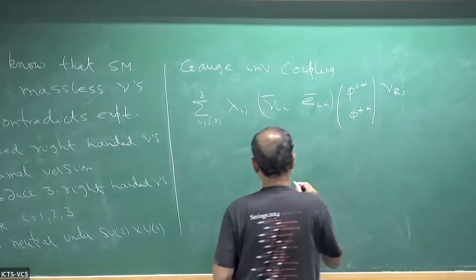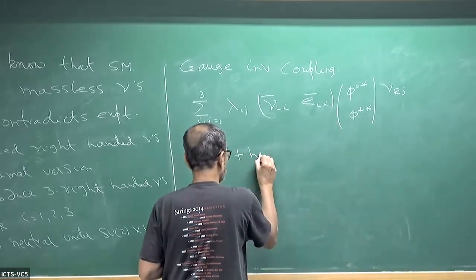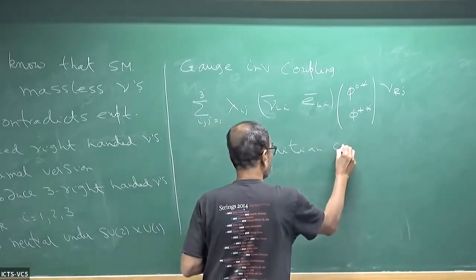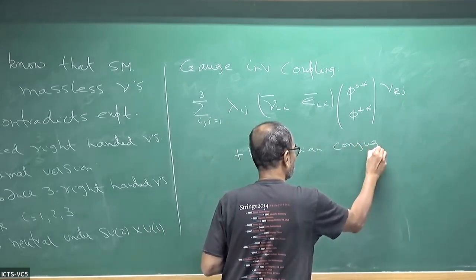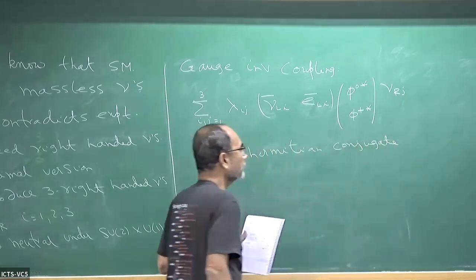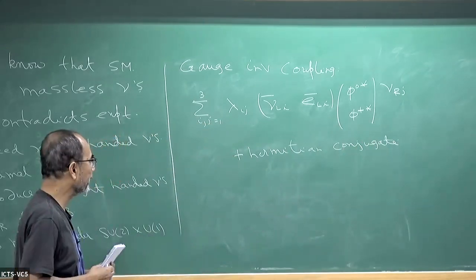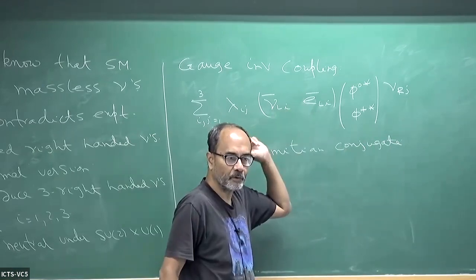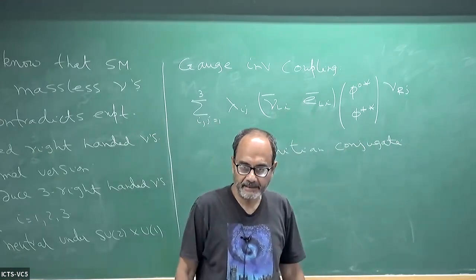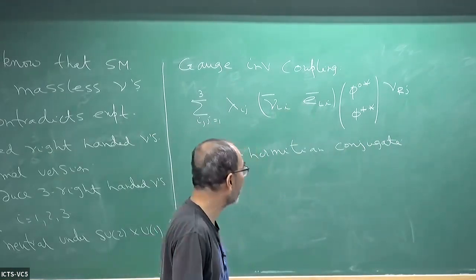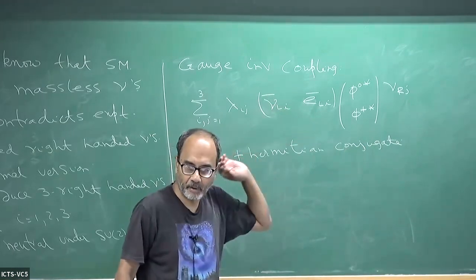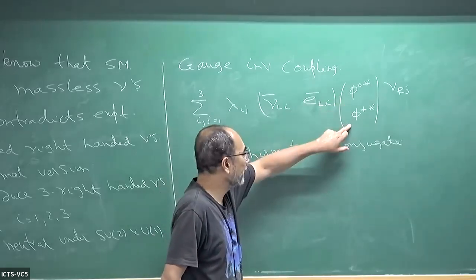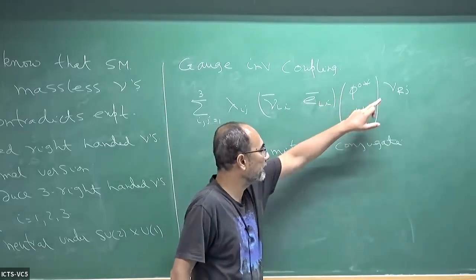Plus Hermitian conjugate. So in other words, you just think of each of these as two-component Weyl spinors. That Dirac index I am not writing here, it's understood. So when I am writing nu bar, it's basically nu dagger gamma naught. Then it's multiplied by phi 0 star and phi plus star, and then multiplied with nu_Rj.